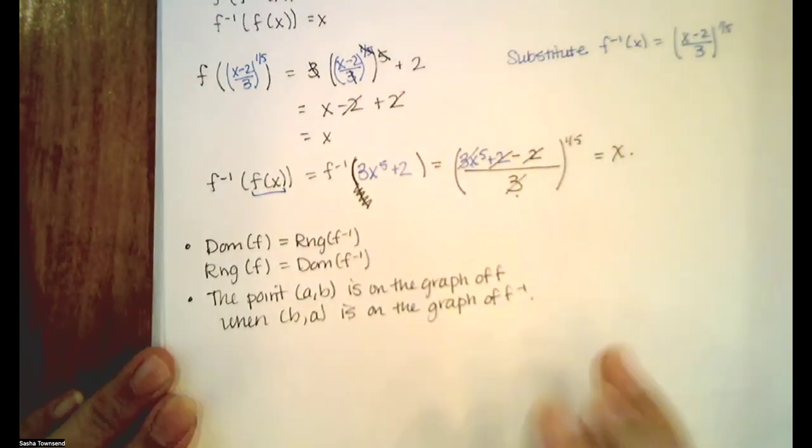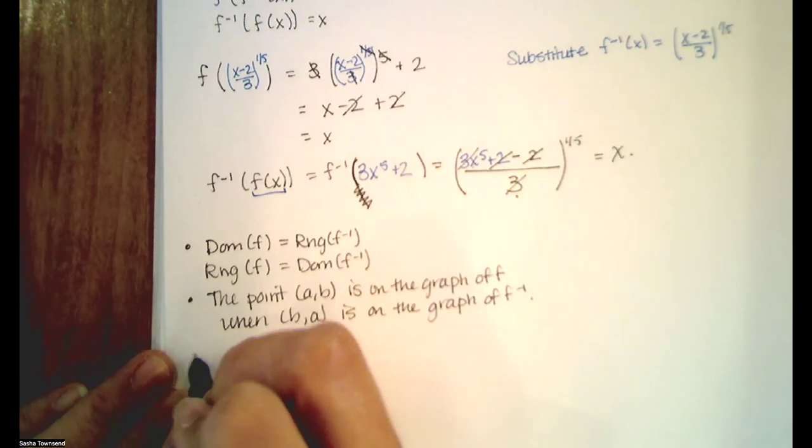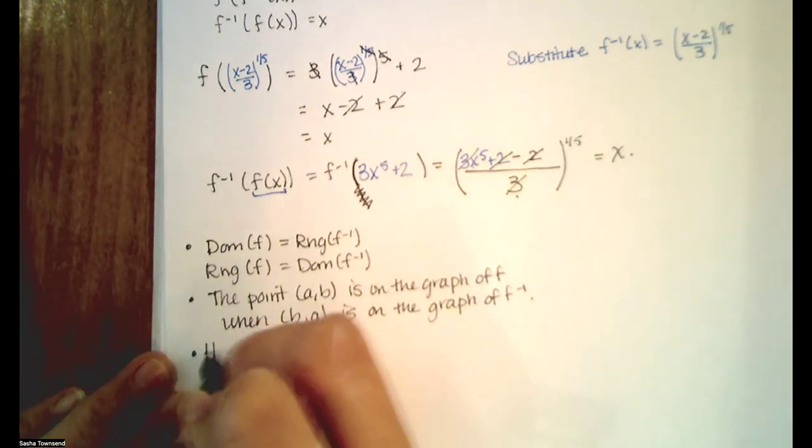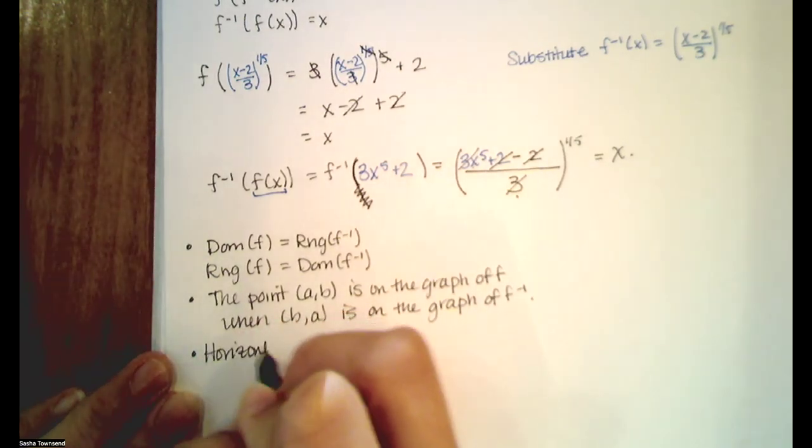And then finally, if we want to determine visually whether a function has an inverse, we use what's called the horizontal line test.